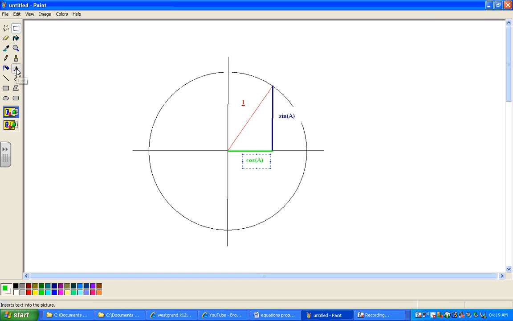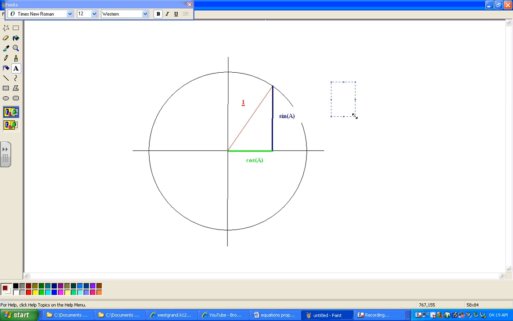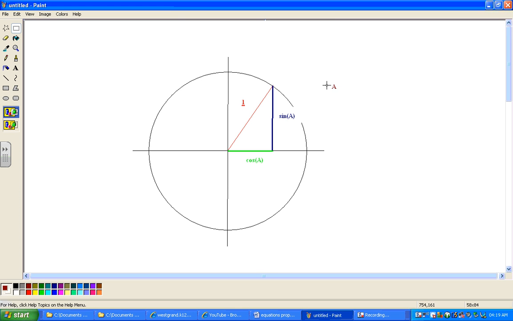And so we're clear about where the angle is. That'll be angle A, which will stand for right in here.